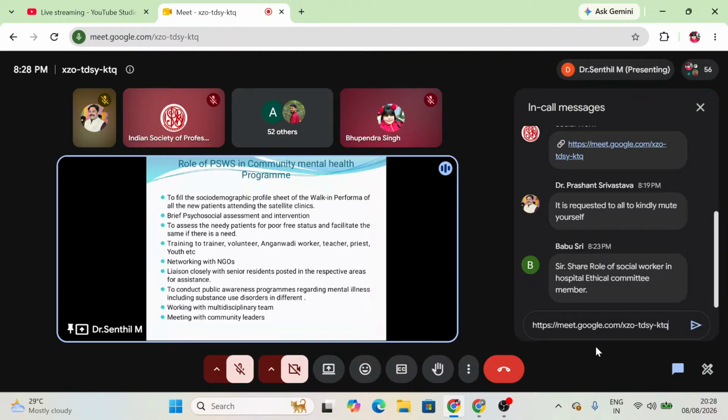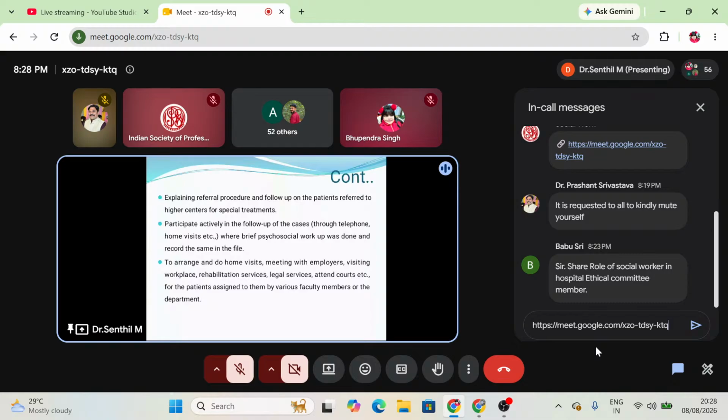We are actually working in the community. The CIP team, from the Department of Psychiatric Social Work and Clinical Psychology, goes to the community to create awareness, and we work with different stakeholders every time we go. We are giving knowledge on how to identify a person with a mental health problem.